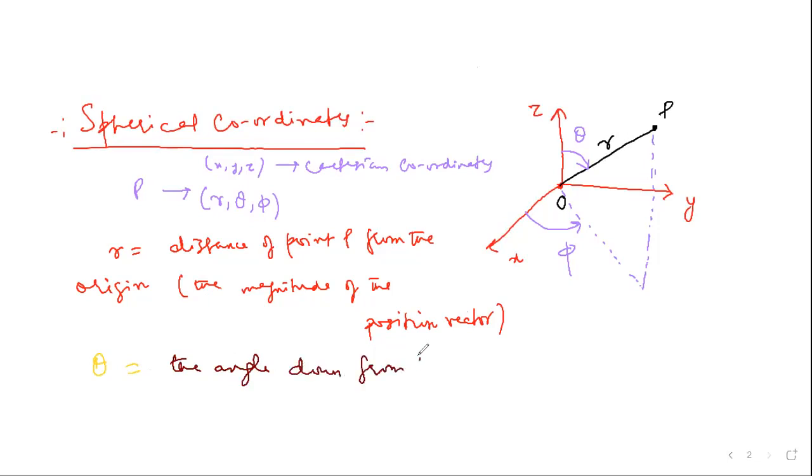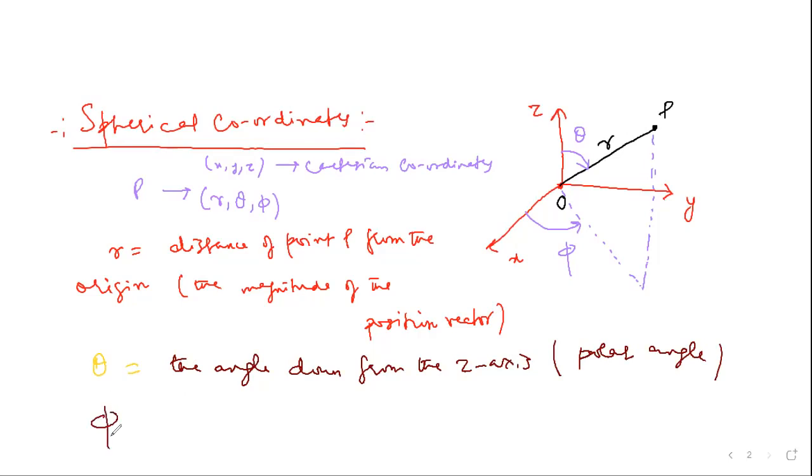Down from the z-axis, this angle has a name. It's called polar angle. So it's called polar angle.